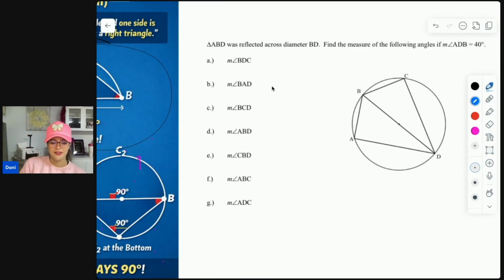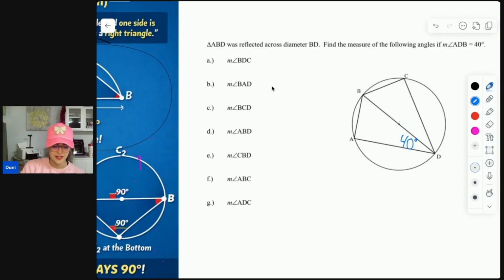So here in the first problem, we have triangle ABC reflected across that diameter BD. When you have circles with a center point, you see there's a little dot in there. It will always show that. And it's also giving us that the measure of angle ADB is 40 degrees.